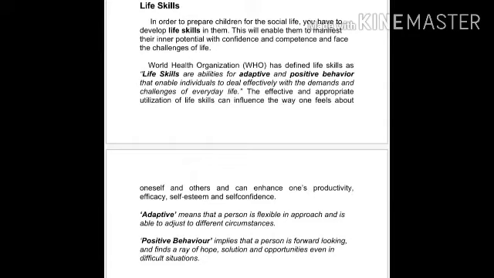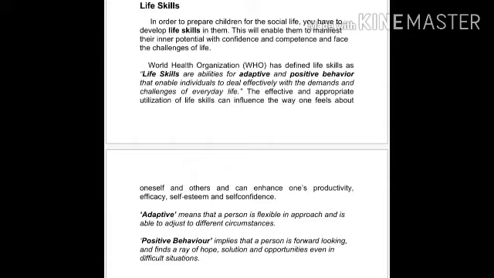Adaptive means that a person is flexible in approach and is able to adjust to different circumstances. Positive behavior implies that a person is forward-looking and finds a ray of hope, solutions and opportunities even in difficult situations.